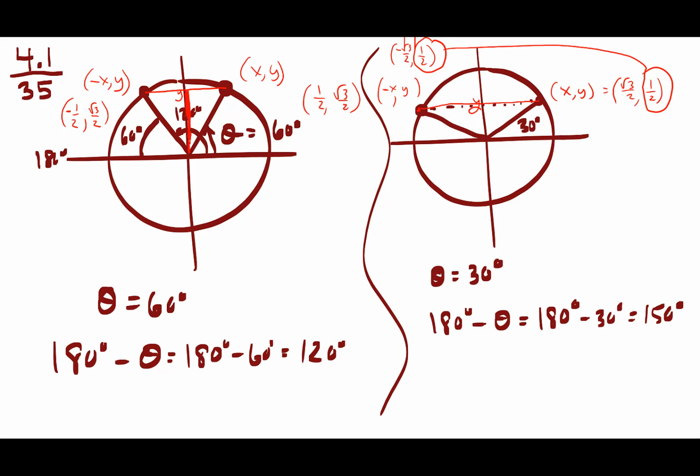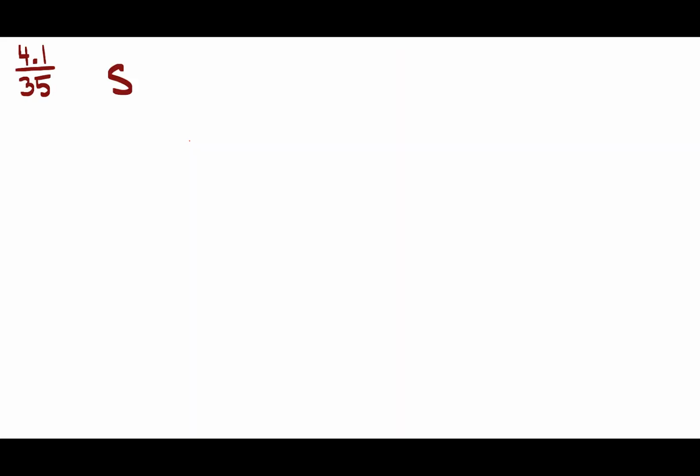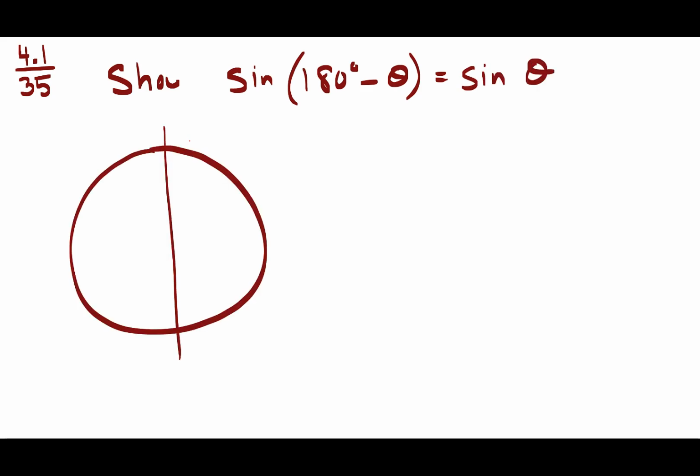So the homework is saying this. Homework is saying, show that this is true according to a diagram, according to a picture. So here's what you've got to do. Here's what you're copying for the homework: the unit circle. There you go. You're going to show the fact that you have a positive theta going this way, and you have a theta here.